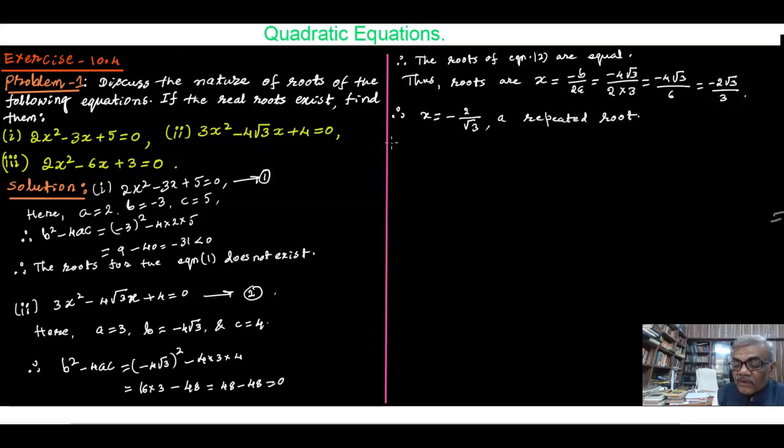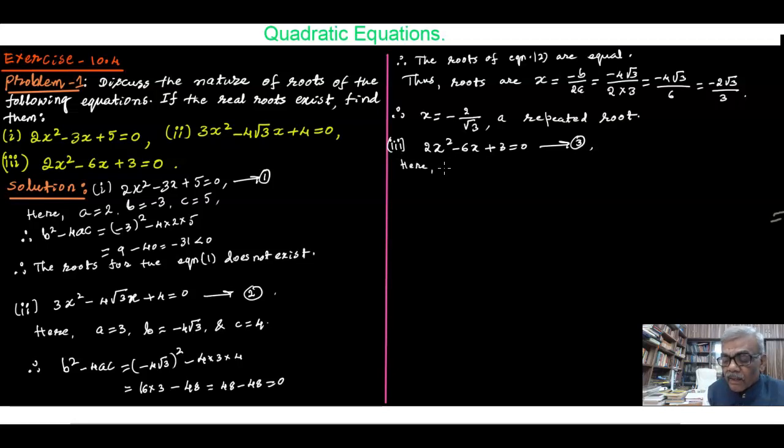Then now consider the example number 3, that is 2x square minus 6x plus 3 equal to 0. Let me call this equation number 3. This is also of the form ax square plus bx plus c equal to 0.